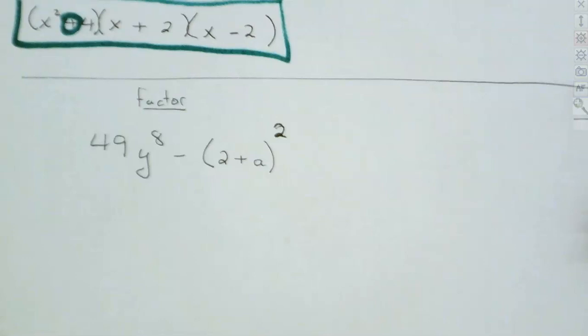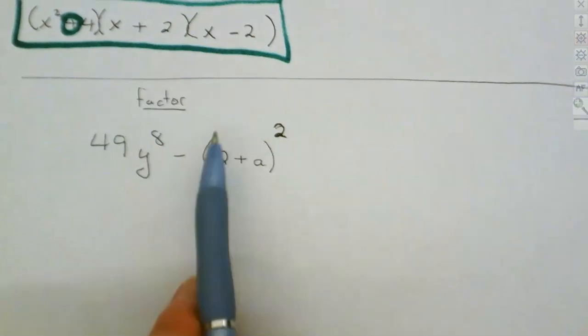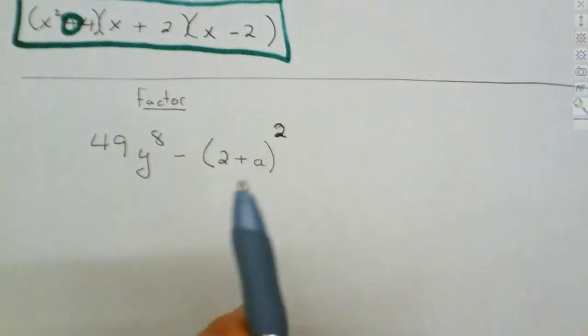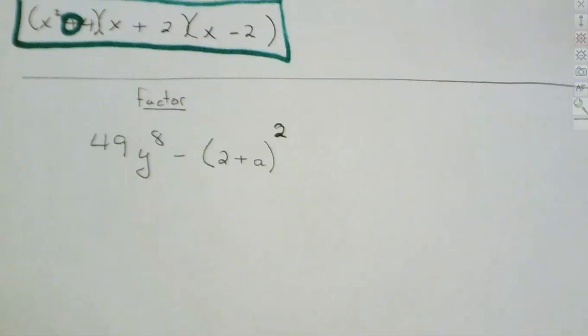Now, when we go to factor these and we talk about squares, it doesn't matter if it's a variable squared or if it's an entire grouping squared. It's going to be treated the same.